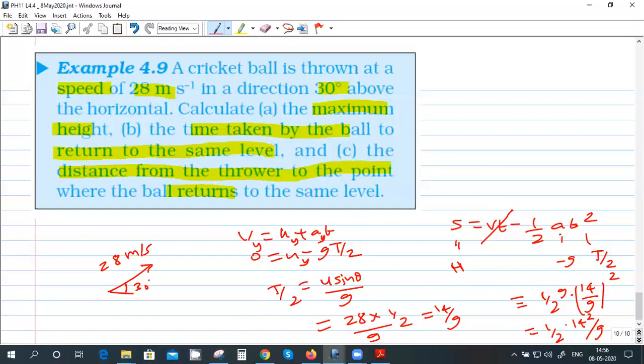That is range, right? Range is the horizontal velocity ux into capital T, because ux is same as vx. In the horizontal direction there is no change. So it is u cos 30 into capital T, which we have found out here.